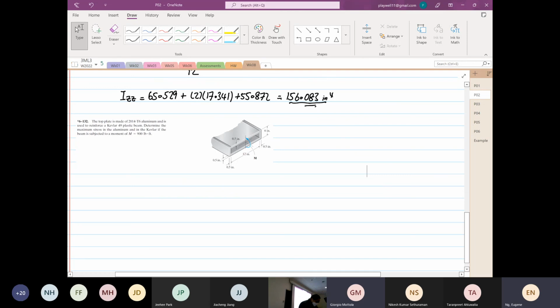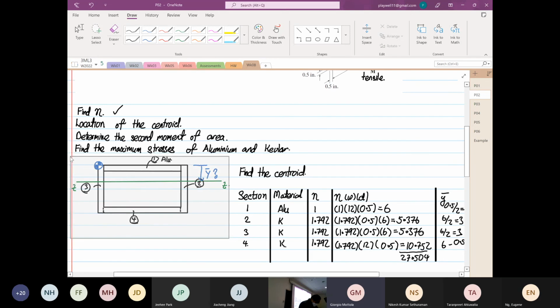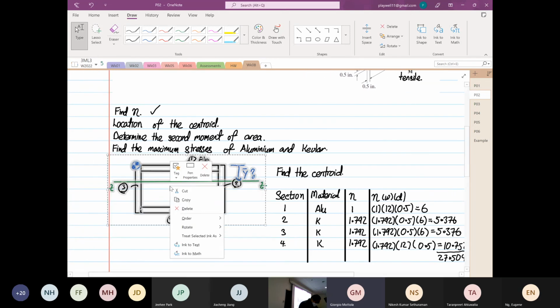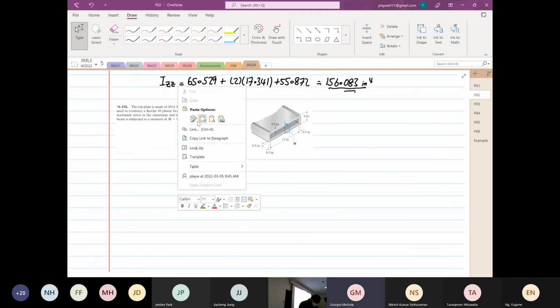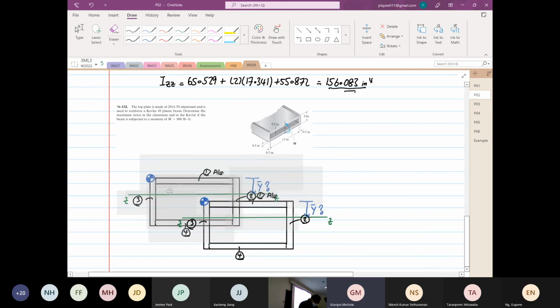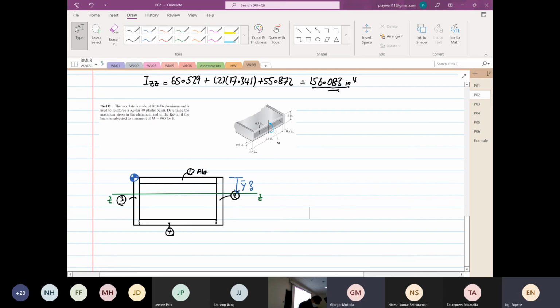So I think I'm going to, sorry, don't mean to give you guys a headache. Hey, come on. So now, okay, we know the distance of the y bar, right? The distance of the y bar is slightly lower.